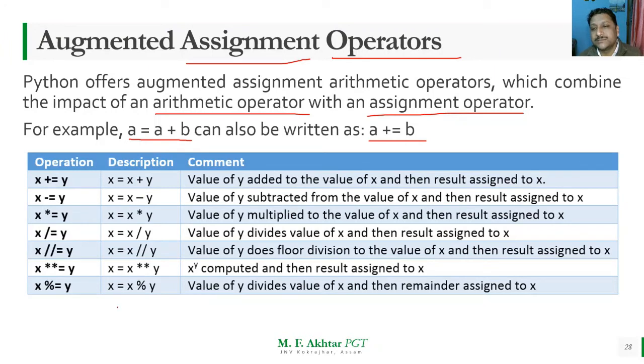Other augmented operators are plus equals, minus equals, multiply equals, slash equals, divide equals, power equals, percent equals. All operators can be done using this augmented operator, and these will perform like this. You can understand.